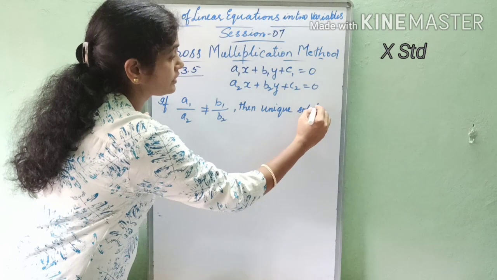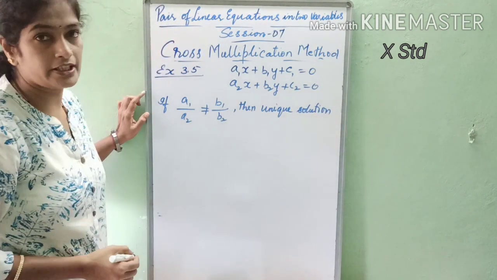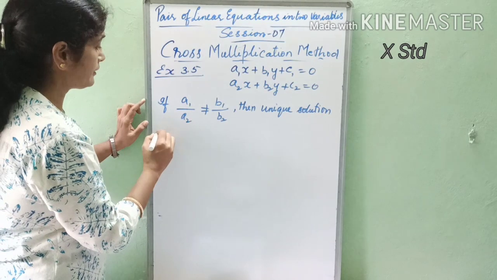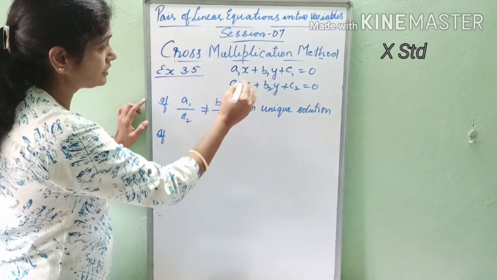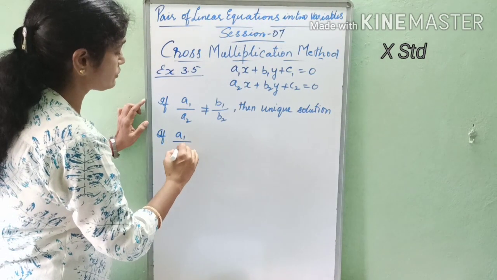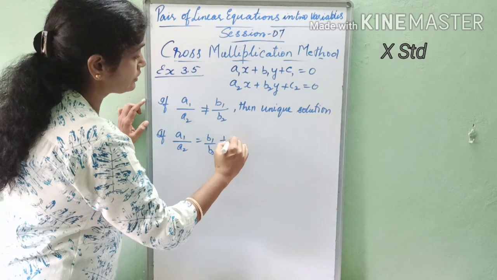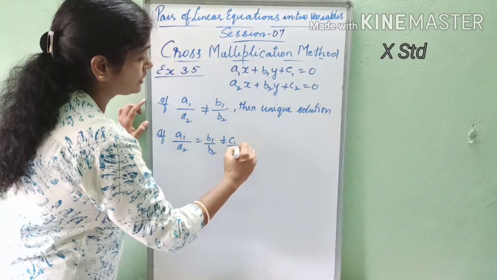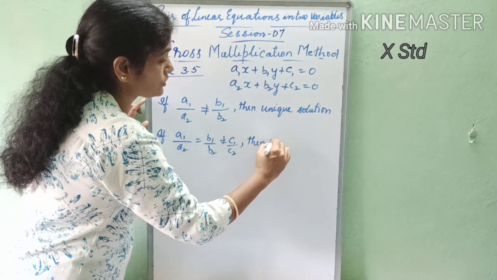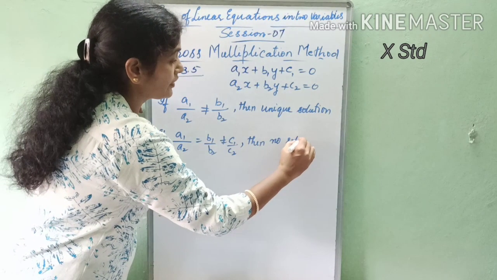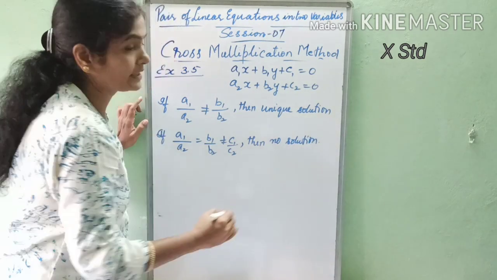That is, if you draw the graph of it, you get intersecting lines. Then if a1 by a2 is equal to b1 by b2 and not equal to c1 by c2, then we have no solution. When we draw the graph of it, you get parallel lines.